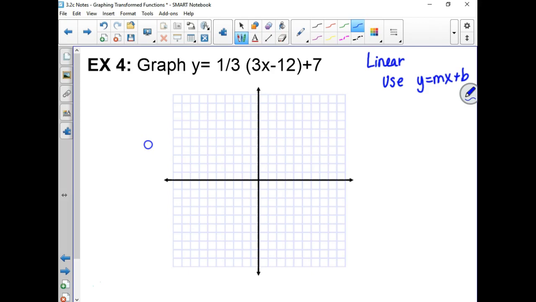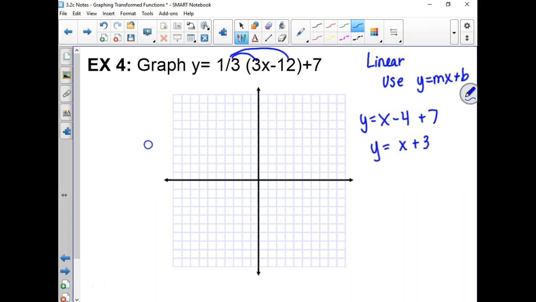What we're going to do is distribute that 1/3, which multiplying by 1/3 is really like dividing by what? If we multiply by 1/3, it's the same as dividing by 3, right? So 1/3 of 3x is just x, or 1x, and then 1/3 times -12 is going to be -4, plus 7. So we get y equals x plus 3.